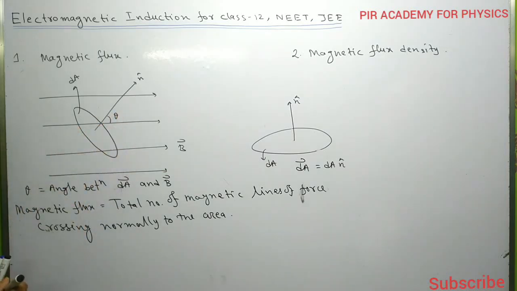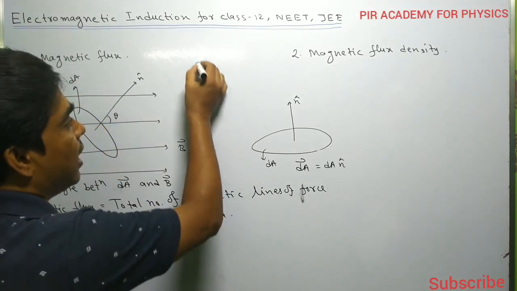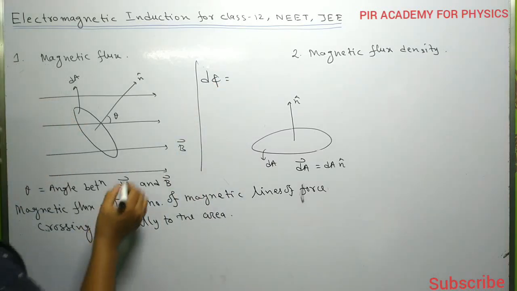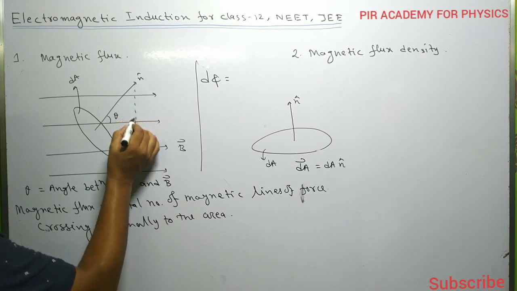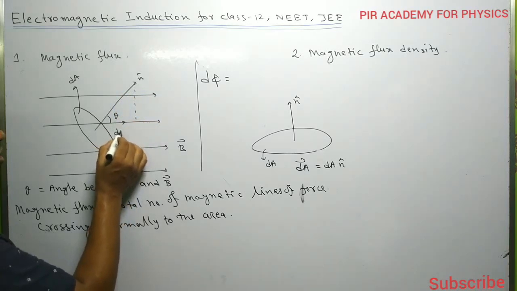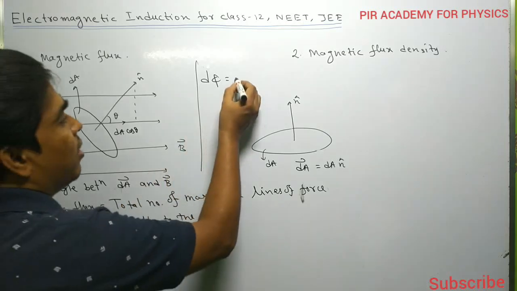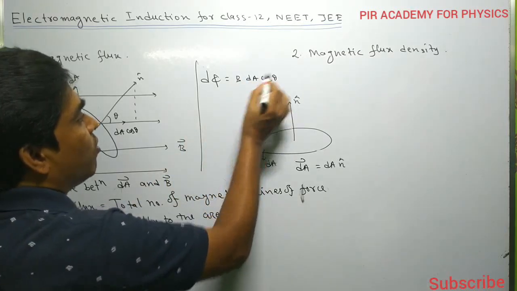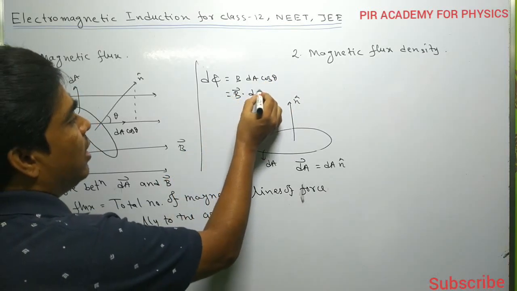So the magnetic flux can be written as d phi equals, here the normal component is dA cos theta, that means B into dA cos theta. That means B dot dA.